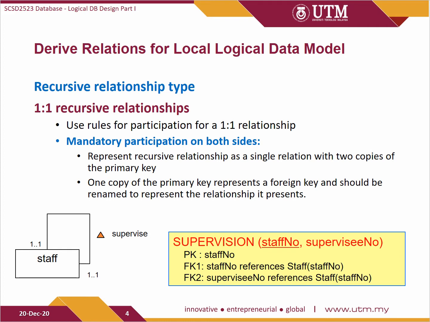For staff supervised, we're going to have supervision as entity, followed by attributes staff no and supervisee no. The primary key should be staff no, and then foreign key 1, staff no, references staff with the attribute staff no, and foreign key 2, supervisee no, references staff with the attribute staff no.